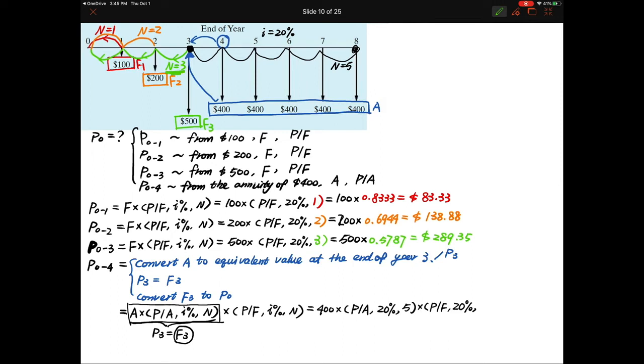We already have it here. N is 3 because you're converting some value at year 3 to year 0. So n is 3.